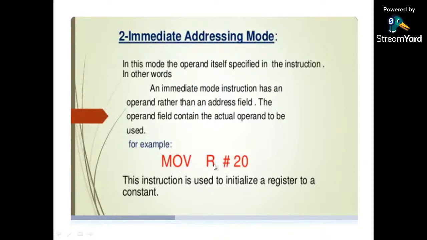This instruction specifies that you need to move a numerical value 20 into the general purpose register R. The register will be initialized with a constant value 20. Now this hash is very important. Whenever we specify hash in front of any numeric value, it specifies that this particular value is a constant.